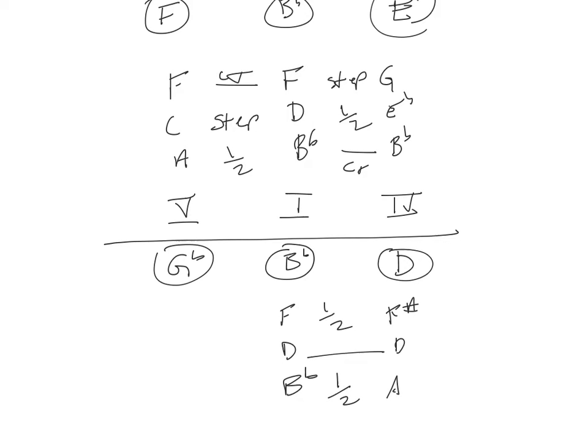You can do the same thing of major third down, G flat, B flat, D flat, common tone, and two half-step motions. So while this connection with the half-step, common tone, whole step would be the paradigm, this is even closer in voice leading than the other because it has two half-step motions with one common tone.